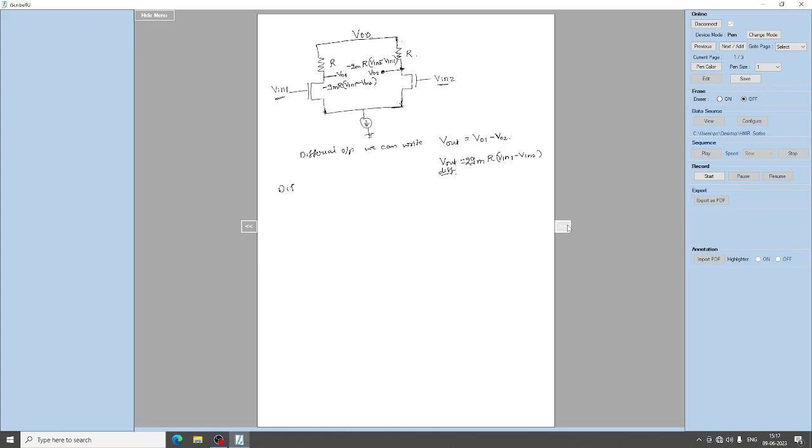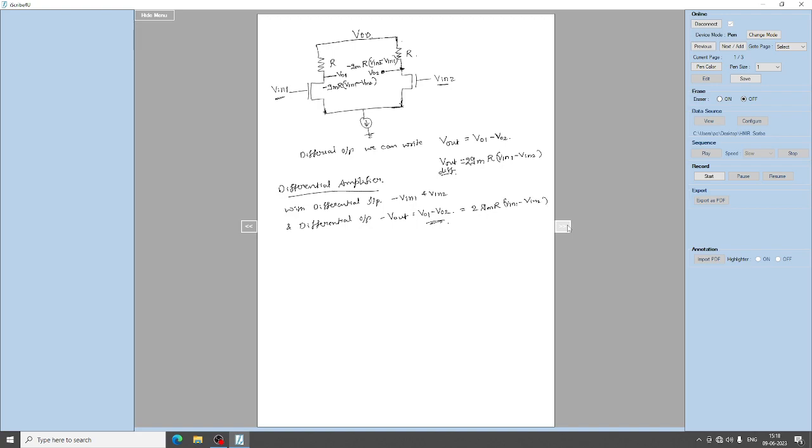So this defines the differential amplifier with differential input, how we give V in 1 and V in 2, and having differential output V out, which is VO1 minus VO2, which is 2 times GM into R into V in 1 minus V in 2.